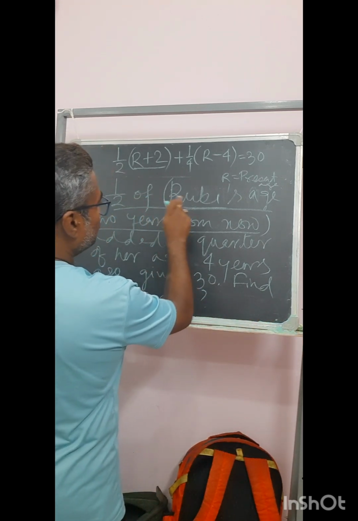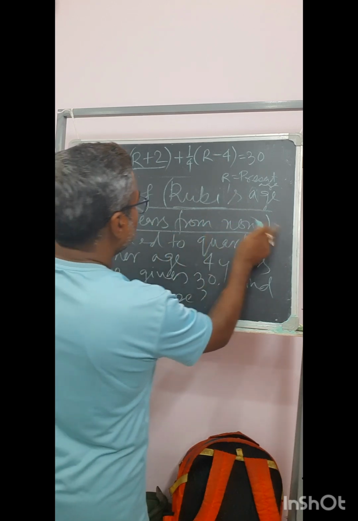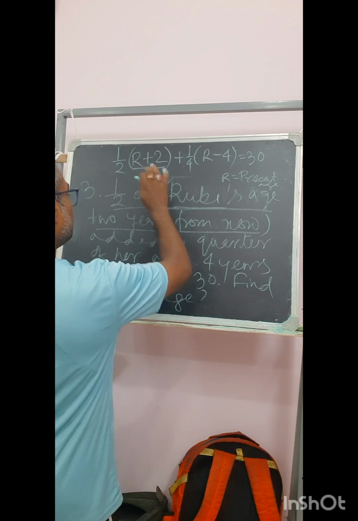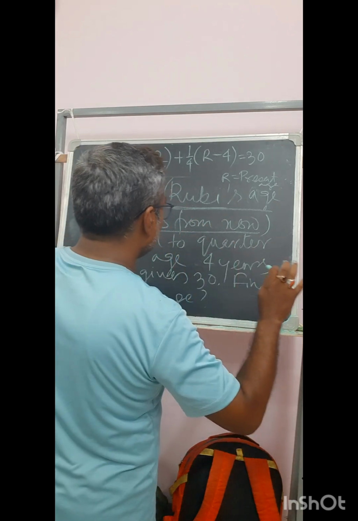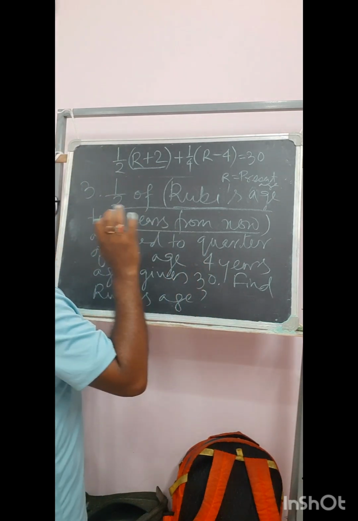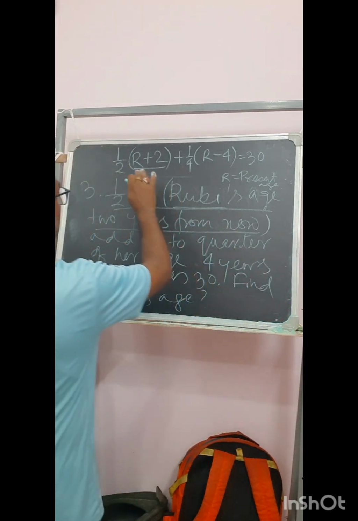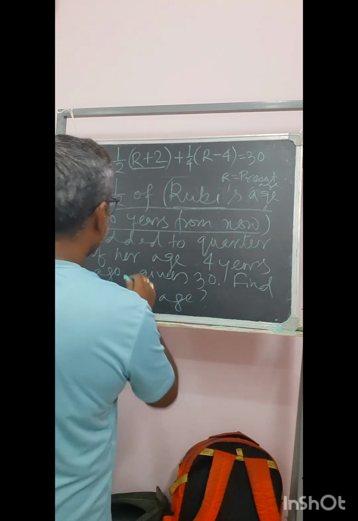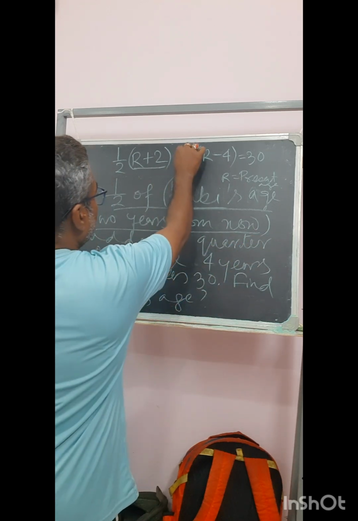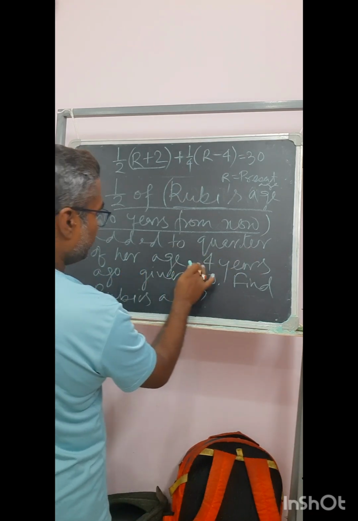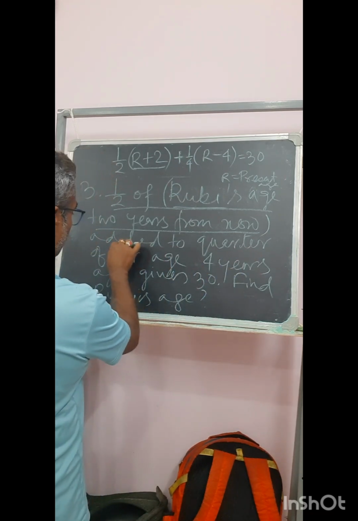Half of Ruby's age 2 years from now, you have to read it like that. Read it very carefully. Don't be in a hurry to read anything and fall into a trap. So the first part is half of Ruby's age 2 years from now, added to, added means plus, quarter of her age 4 years ago.